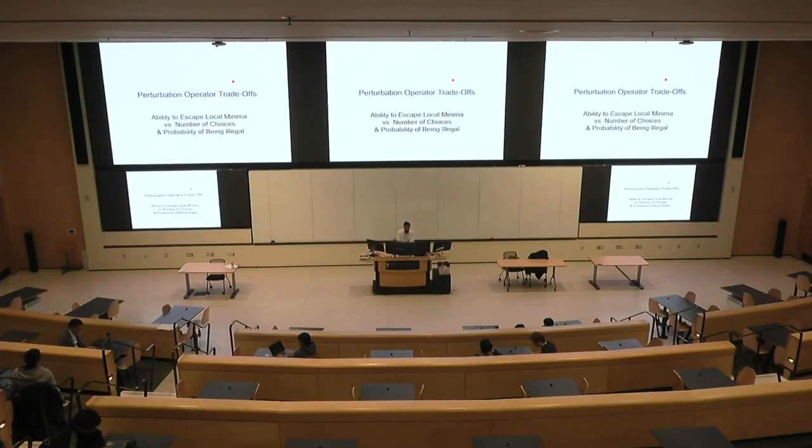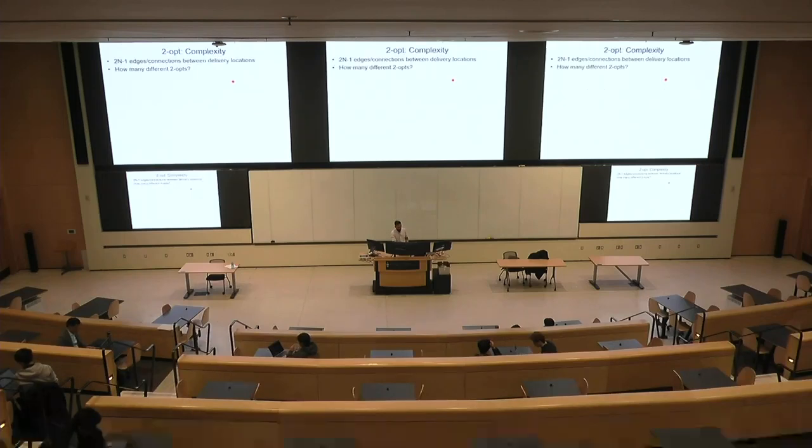Now let's look at the ability to escape local minima versus the number of choices that we can have out of each operation and the probability of being illegal. So let's look at the 2-opt complexity. In swapping order, you can just choose any 2 intersections, and how many options do you have?